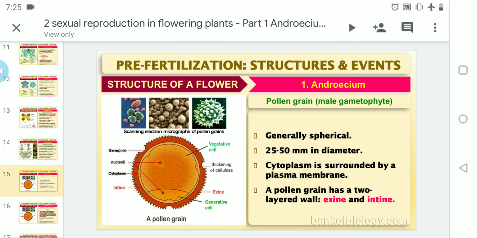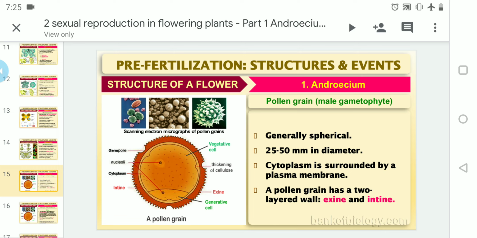And see here, a structure you can identify. The pollen grain is commonly known as microspores. It is commonly known as the male gametophyte. If you see the structure, this is just above the pollen grain structure.